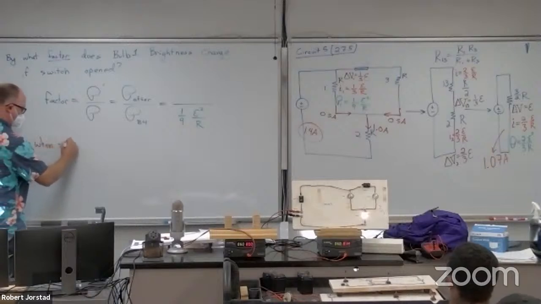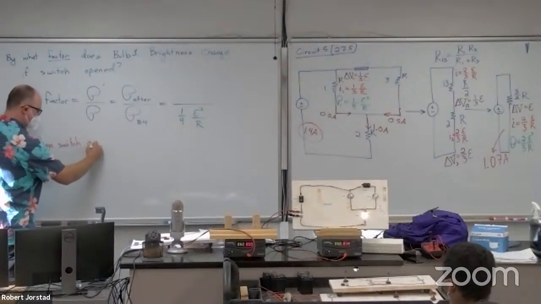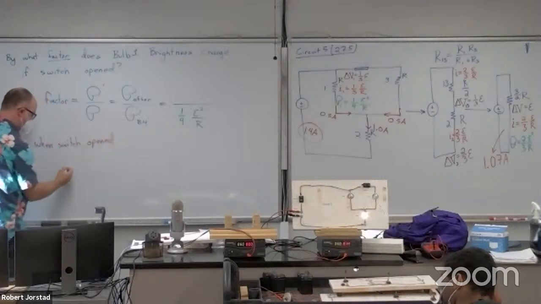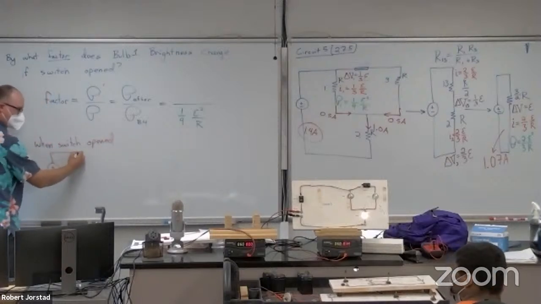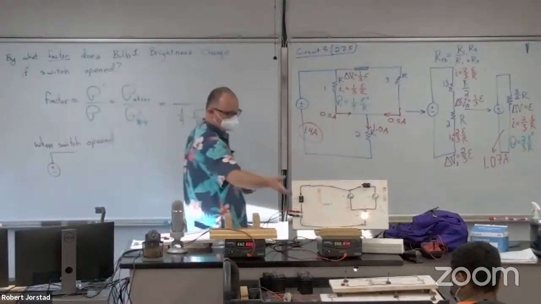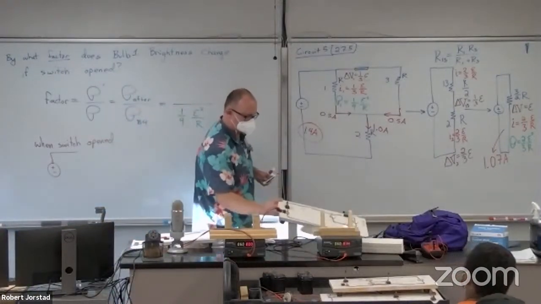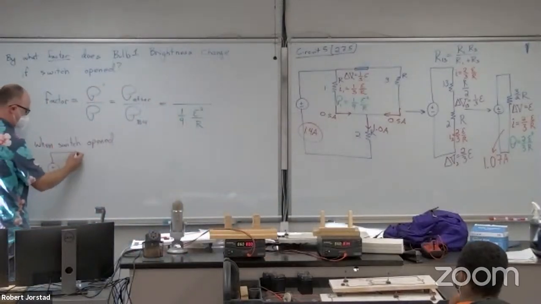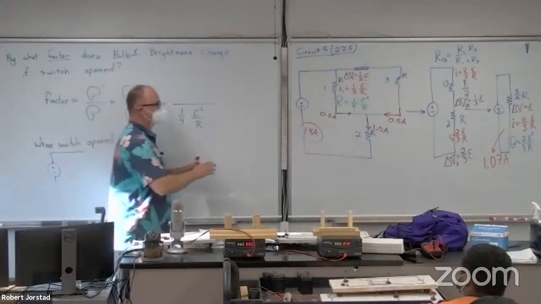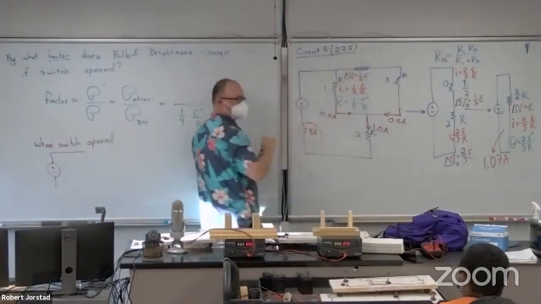When switch opened, do you agree? We're basically getting this plus minus, and let me get this out of the way for a sec. It's basically when the switch is open, this resistor is gone.